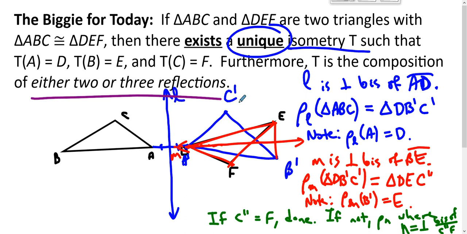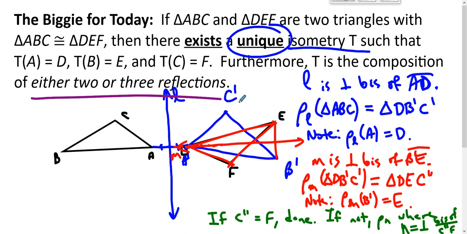Which may lead some of us to wonder, well, why does it have to be 2? Why can't 1 do the job? What if they're the same triangle to start with? Why can't 0 do the job? Well, yes, sure, but you can reflect over a line and reflect back over that same line. So if they were the same triangle to begin with, you can reflect over any line and back over that same line and use 2 reflections to get back where you started.